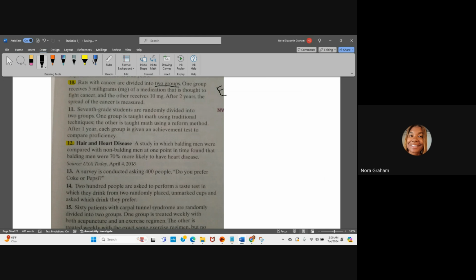All right, we have to pick if it's experimental or observation. So for this one, I can study all men with heart disease versus balding men and men that have hair. Since I'm picking out those 2 groups, it's going to be experimental.